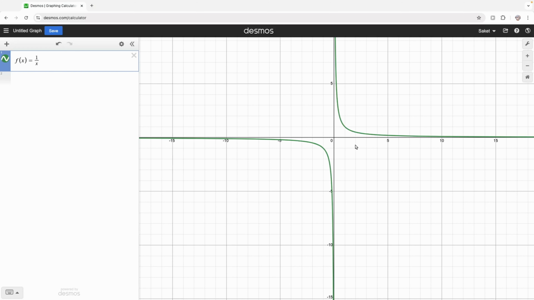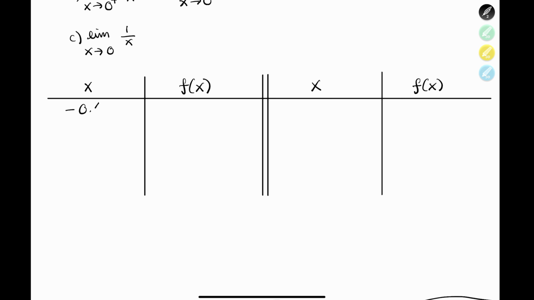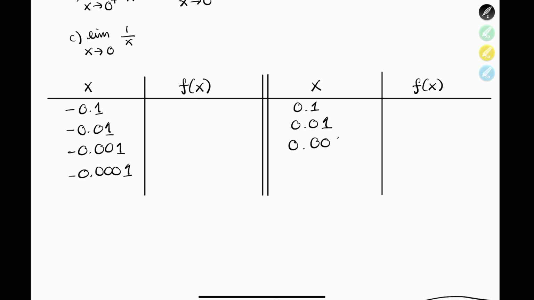So going back to the iPad, we could choose negative 0.1, negative 0.01, negative 0.001, and negative 0.0001. And for the right-hand side, we could just do the same thing with the positive values: 0.1, 0.01, 0.001, and 0.0001.